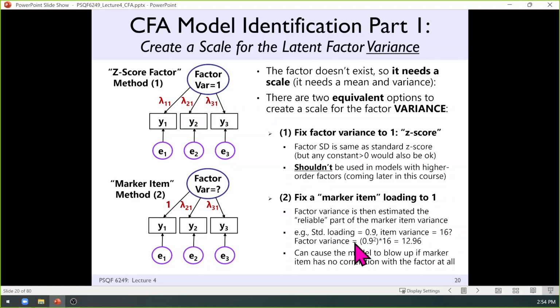So the math works out such that 12.96 would be how much of the item is due to that factor. So then the factor variance would be 12.96 because that's the amount of the total variance of the item that is due to the factor. It doesn't matter which item you pick. The only rule is that you have to pick an item that has a non-zero loading or it's not going to work and it will blow up.